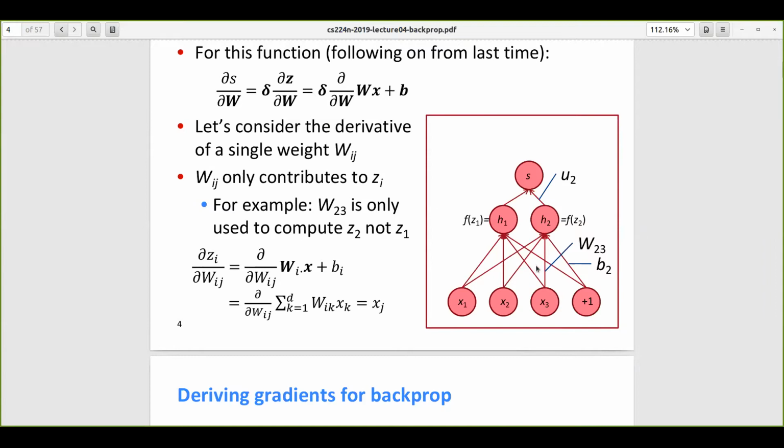W23 denotes the weight for the connection between X3 and H2. So the first number denotes the hidden layer neuron, and the second number represents the input layer neuron. That's how the indexing is done here. And every hidden neuron comes with its own bias.